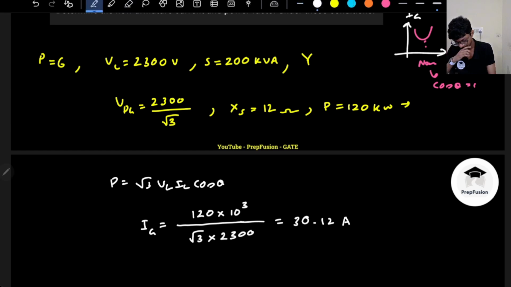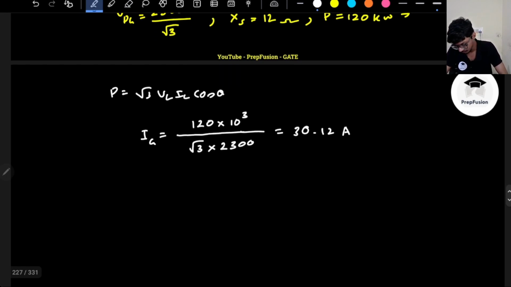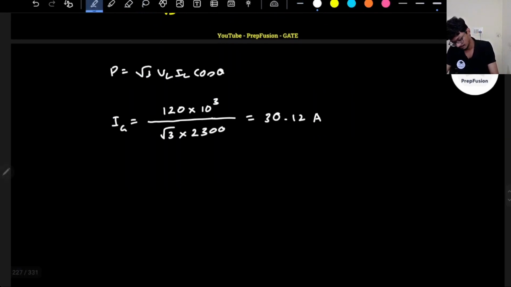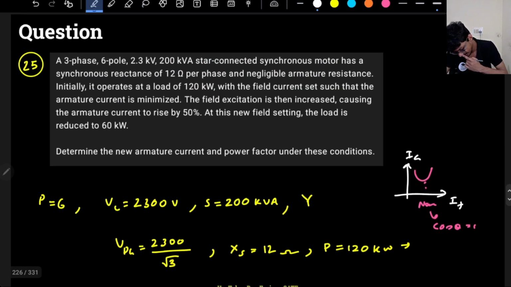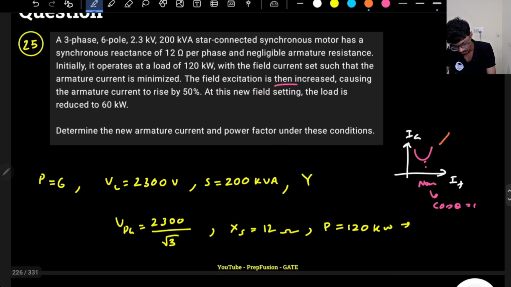30.12 amperes. Yeah, this is my armature current. Now what are they asking? The field excitation is then increased, so IF is increased. If IF is increased, it will be operating at leading power factor, since it has more flux now, causing the armature current to rise by 50%.